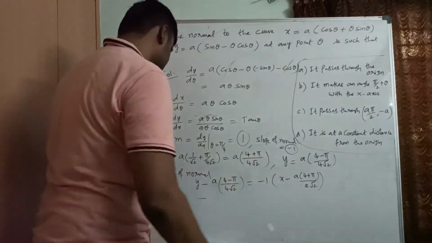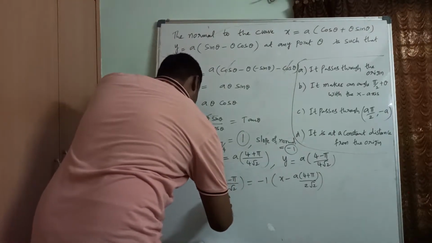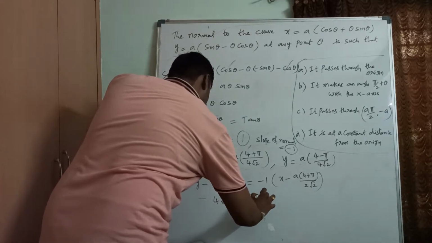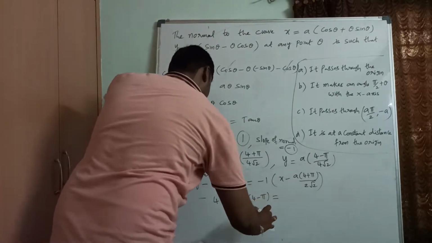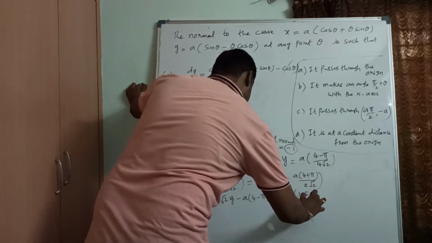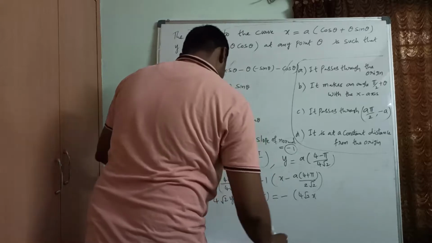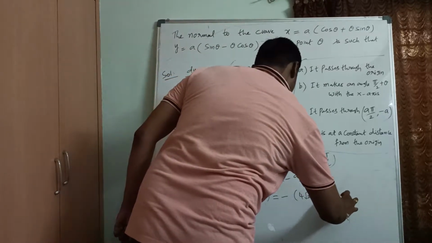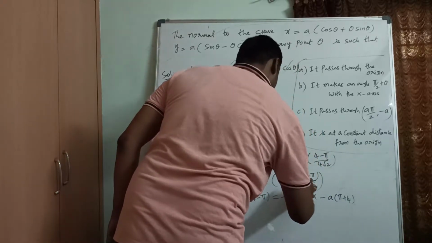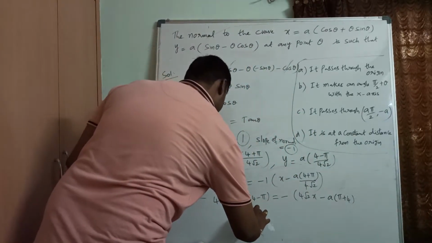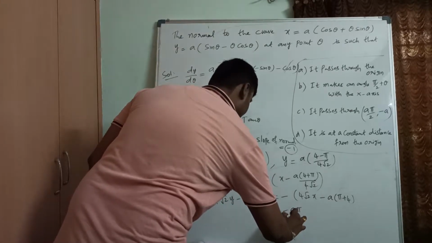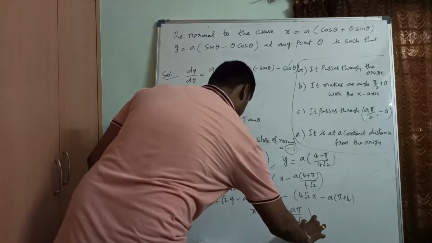If you simplify this, okay, so we get 4 root 2 y minus a into 4 minus pi equals to minus 1 into 4 root 2 x, okay, minus a into pi plus 4. This is 4 root 2. Okay. Now if we simplify this, we'll get x plus y equals to minus a pi by 2 root 2.